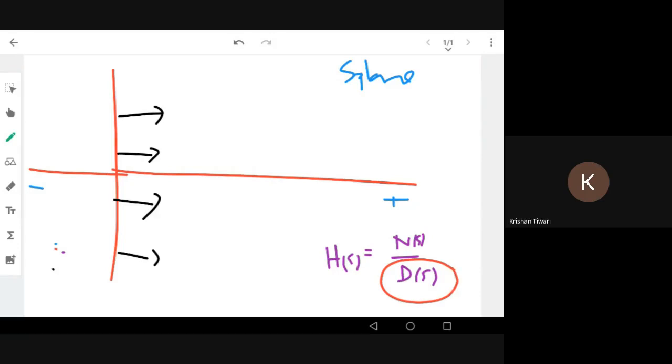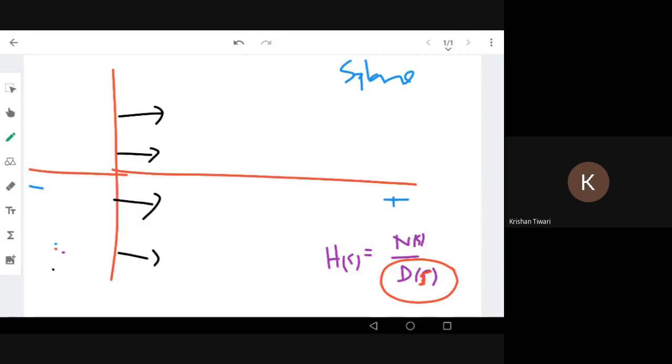When we plot the roots of the characteristic equation in the s-plane, if the roots lie on the right side of the s-plane, we call these roots poles, right? If the poles are located on the right-hand side of the s-plane, we call that system unstable. This is one quick way we usually do it.